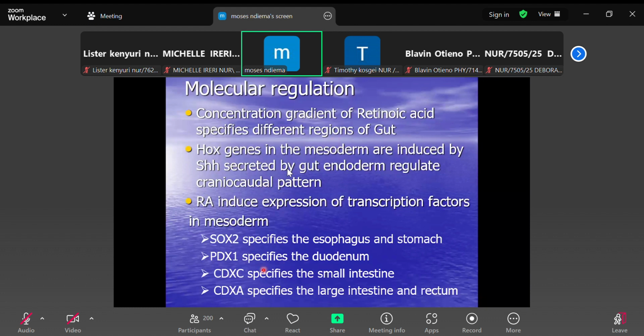Recap that when you are dealing with the respiratory system, we talked about the floor of the foregut, where you have development of the respiratory system from the endoderm. We normally have a septum, the tracheoesophageal septum.